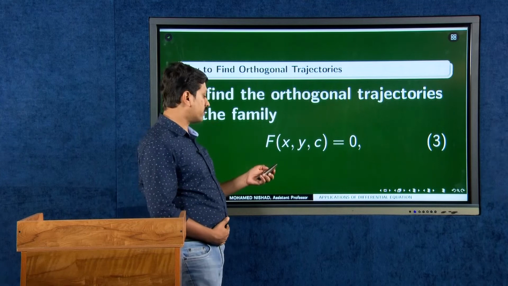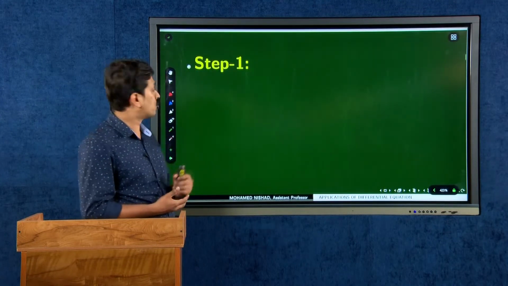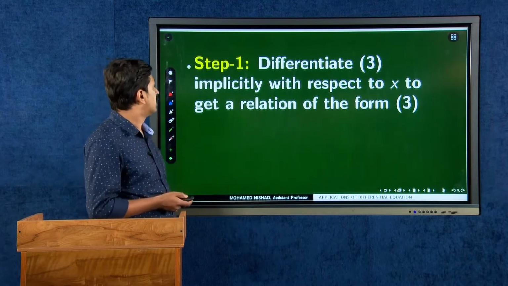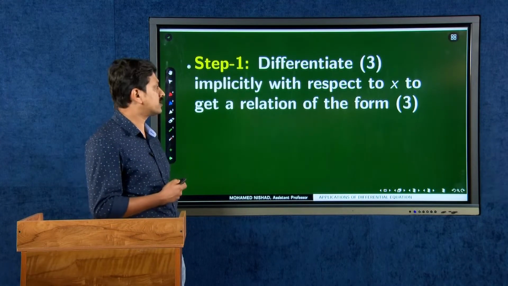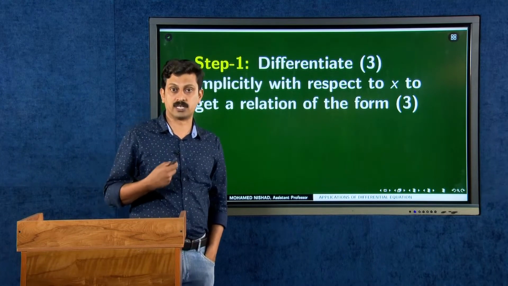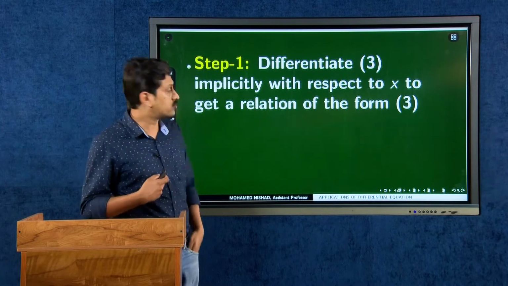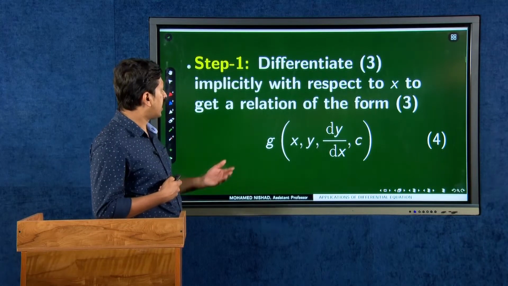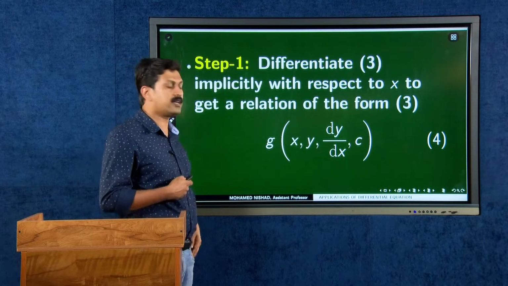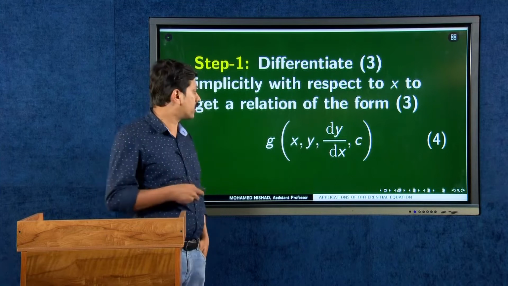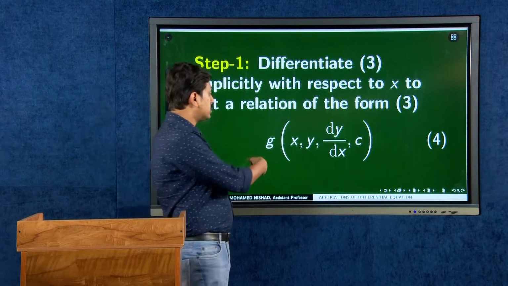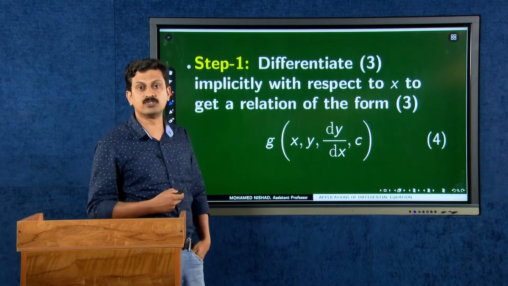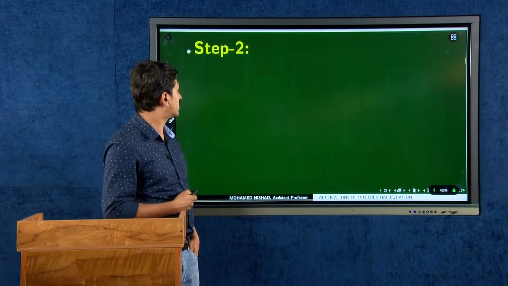By differentiating it, we get the differential equation corresponding to the curves, that is g of x, y, dy by dx, c equal to 0, another differential equation.